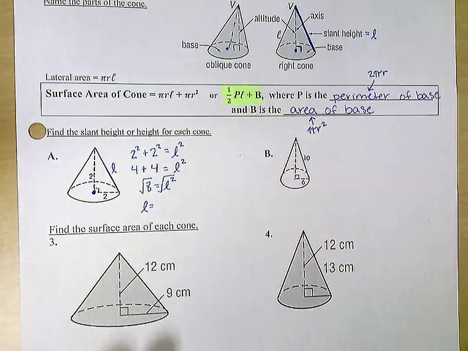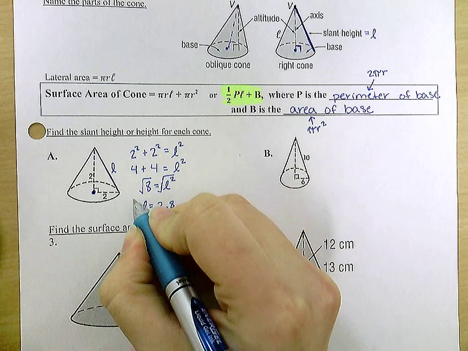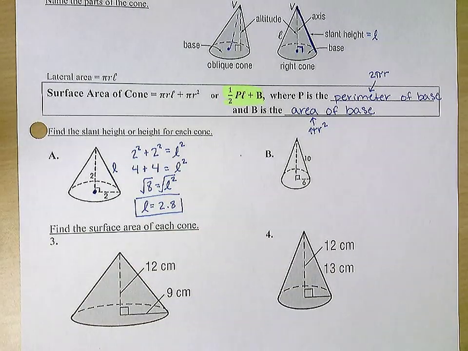So our slant height, or L, should be about 2.8, in whatever units. They didn't give us units for these ones. Questions on A? For some of these cones, you may have to solve for the slant height before you can find the surface area.